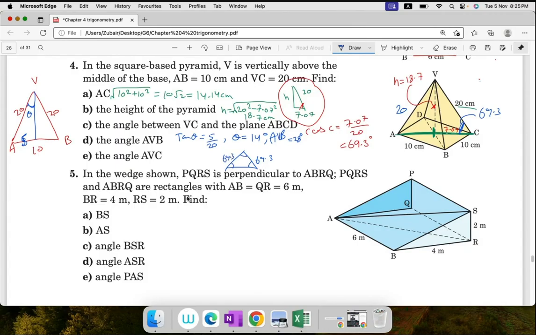And this could be found by subtracting from 180. 180 minus 69.3 times 2, and I'm left with 41.4 degrees. Or else we could just extract it again. This is 20. This lower half is 7.07. We can find this angle and then double it. One may have any approach, the answer would be the same.